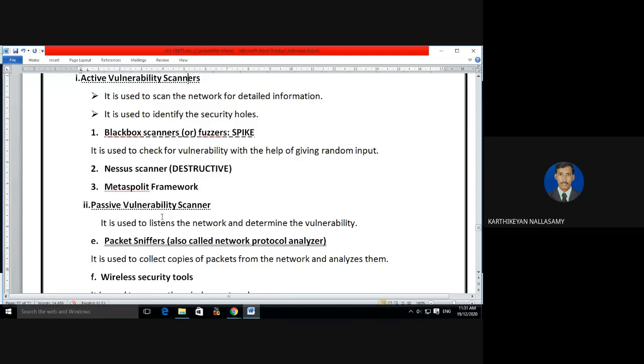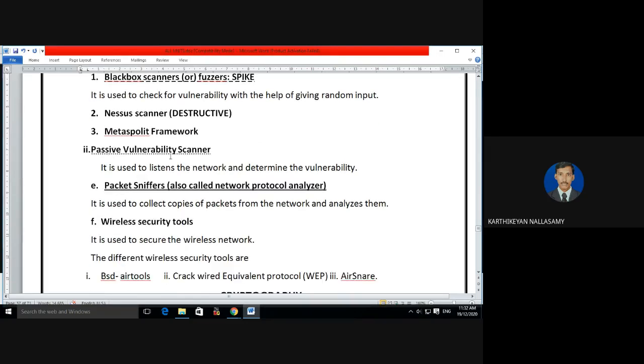If you want to know about the weaknesses of your network security, then there are some tools we use. These are some of the tools normally used for active and also passive vulnerability scanners. So what is a packet sniffer?